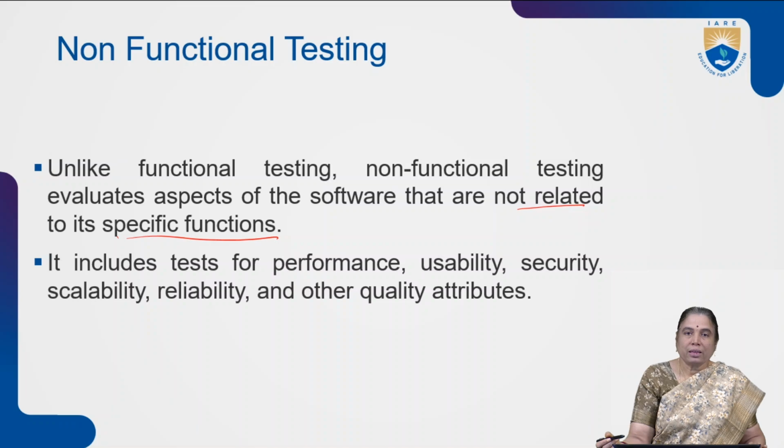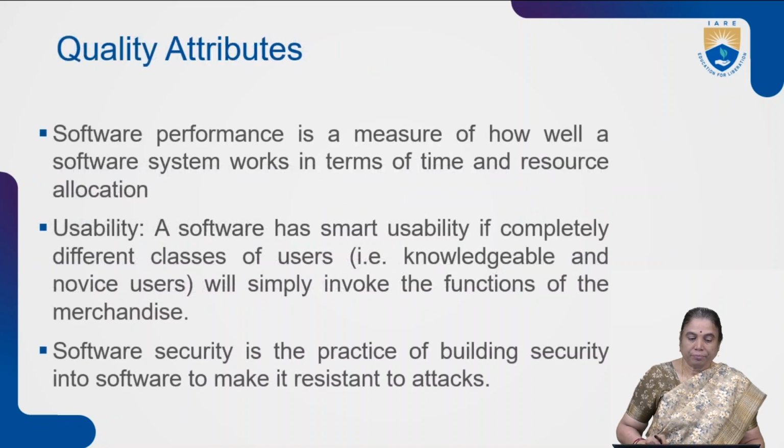Generally, the tests verify the performance, usability, security, stability, reliability, and other quality attributes. These quality attributes are defined by McCall's triangle. So the performance and quality attributes are considered in non-functional testing.